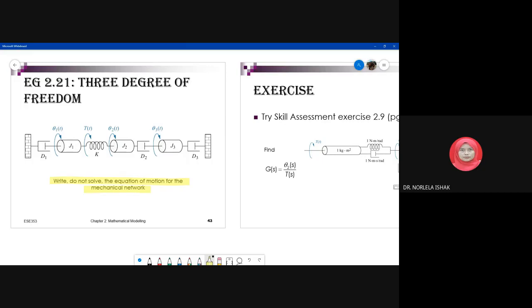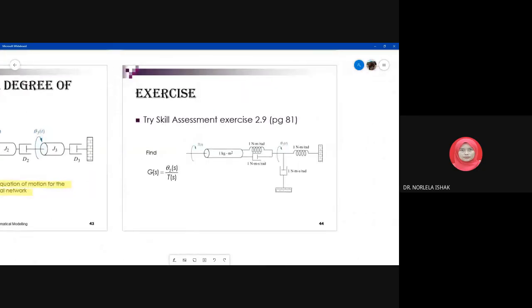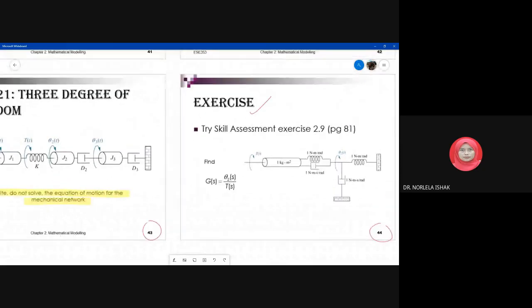You only list them down. And try the exercises on pages 43 and 44 as your homework. Okay, just try.